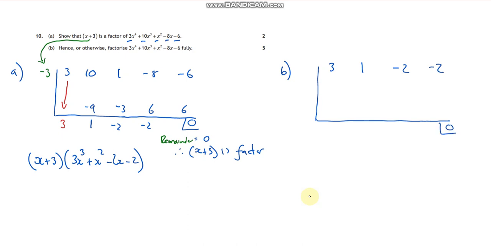Now, which number should I put in? Well, they're not going to be mean to you. I would start at 1, -1, 2, -2, and eventually you should get something. But make sure the number you put in is a factor of this. So if this was a 5, I wouldn't be putting 2 in, I'd be putting 1 and 5 in here. If this was a 7, I'd be putting 1 and 7 in. But usually they give you a 2 and a 3, and you're going to be putting in 1 or 2.